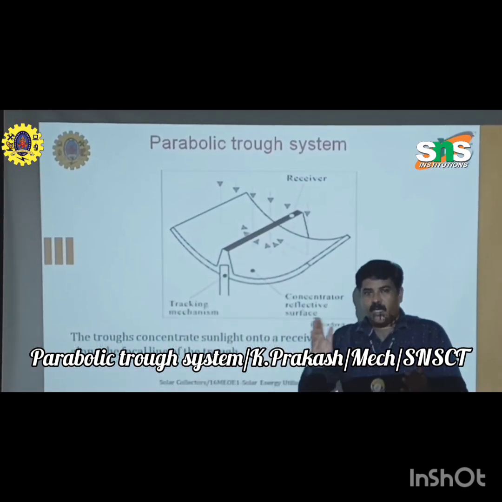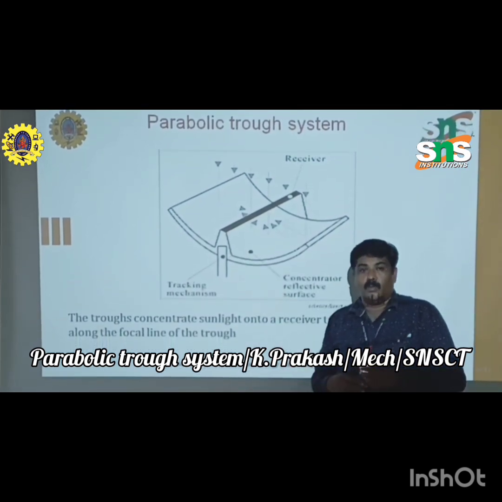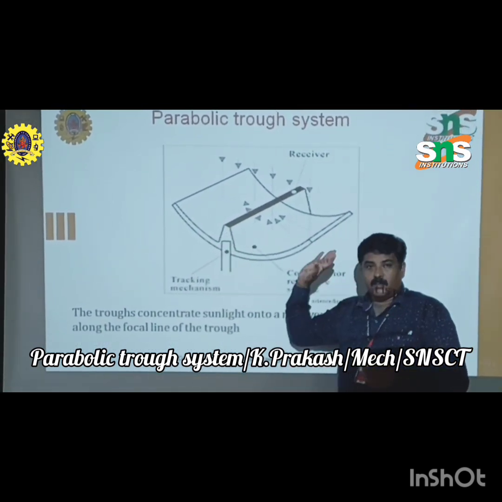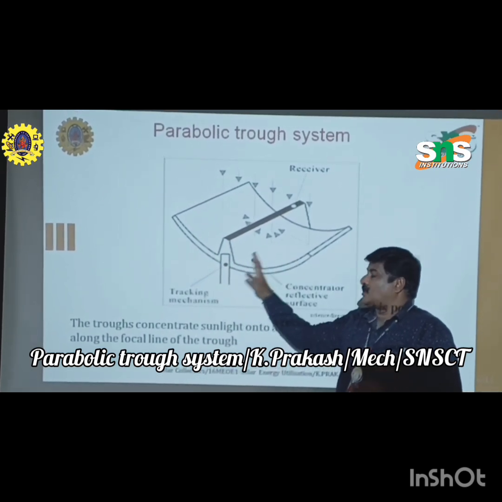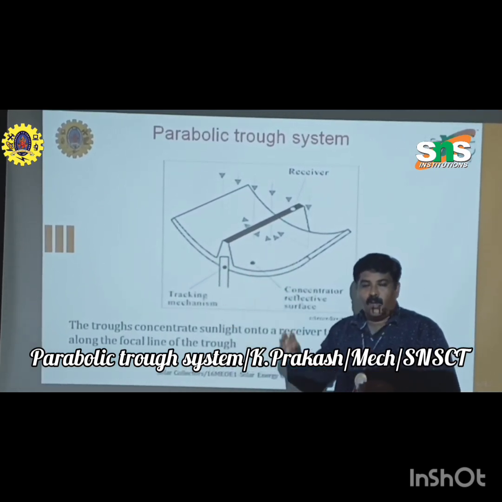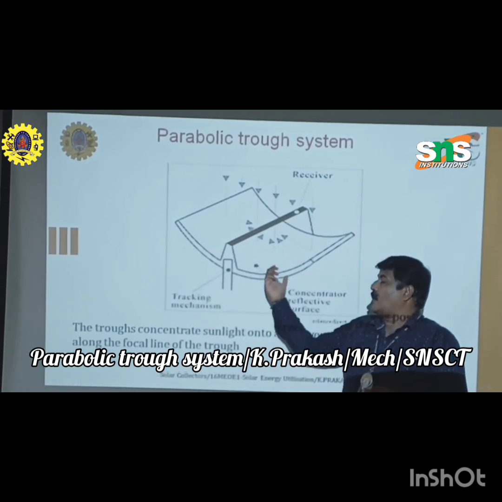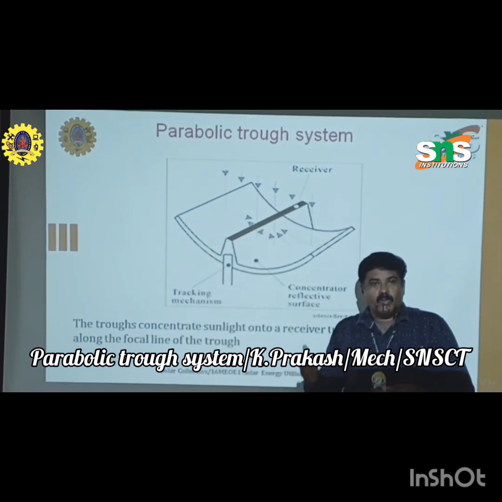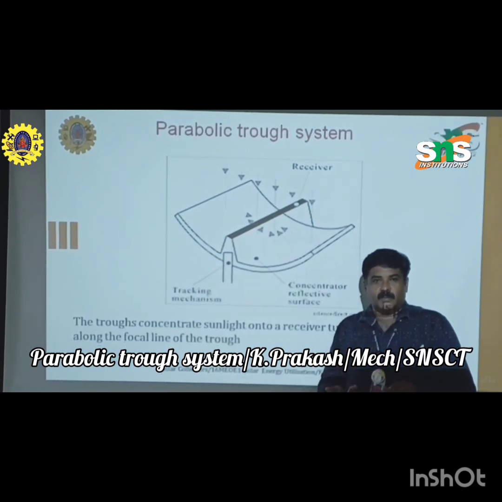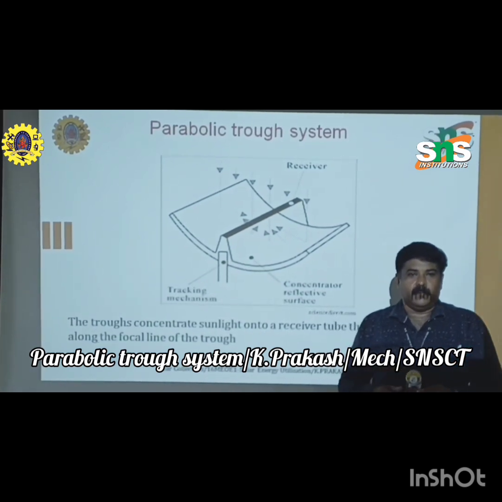So according to the variation in solar radiation, how can these parabolic troughs be moved? If the reflecting surface is fixed, we can get the maximum solar radiation only at noon. But throughout the day, how do we capture it? This is the problem. How do we sort it out?